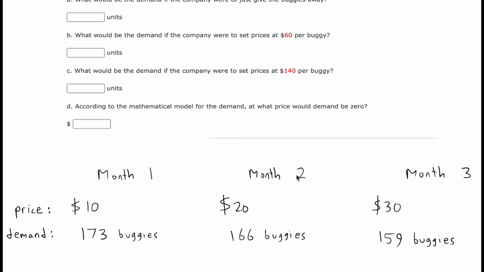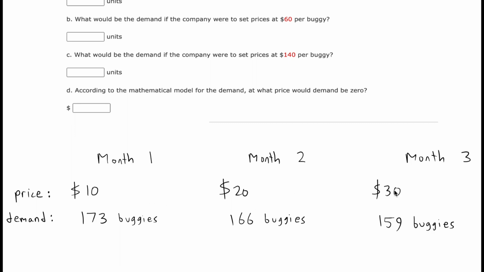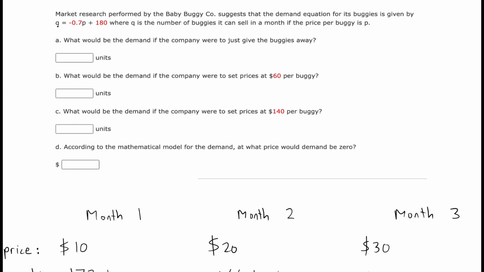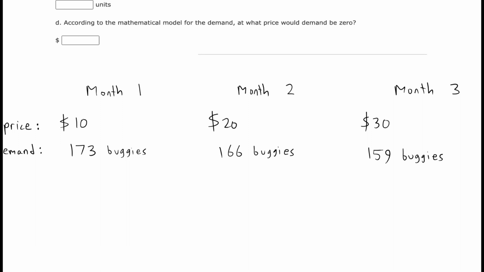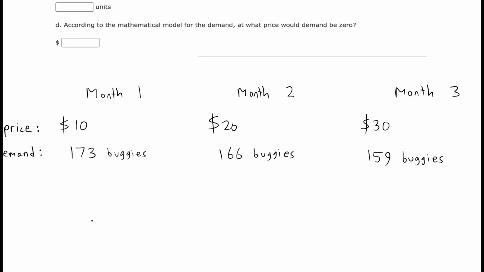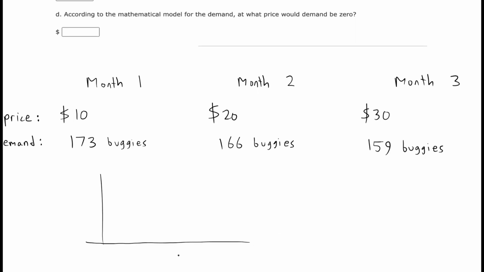Okay, so what they could do is this market research, and get several different points which could be plotted on a graph. You want to pay close attention to the variables in your problem and see what is the input and what's the output. It would make sense in this type of situation, if you're drawing a demand curve, to let your input variable be the price.